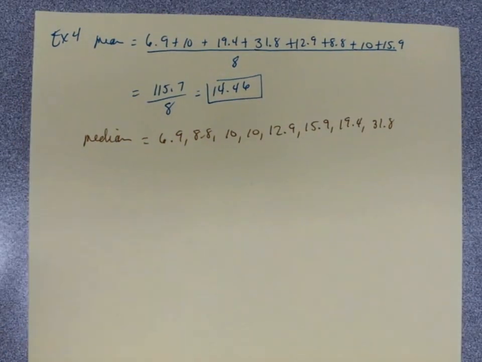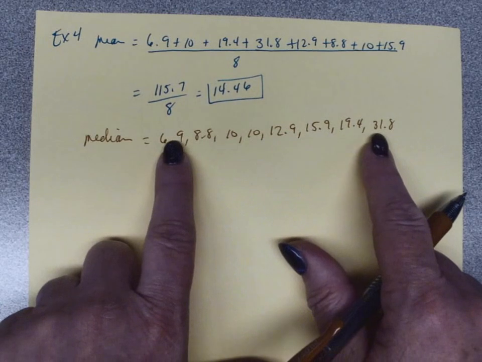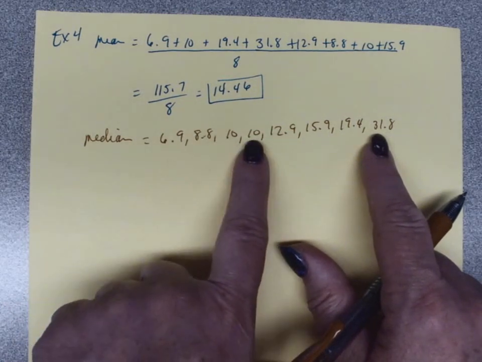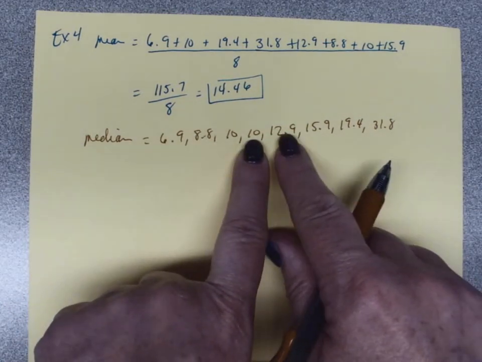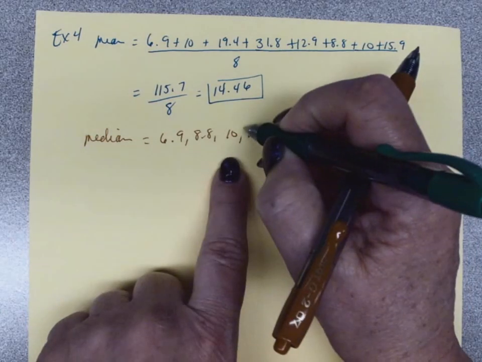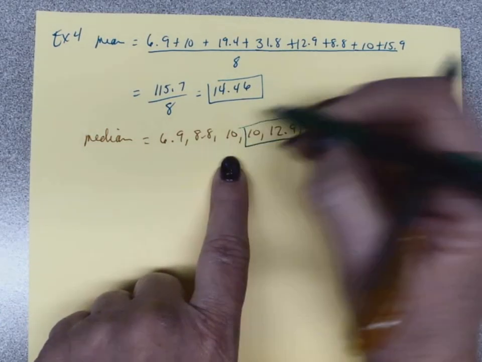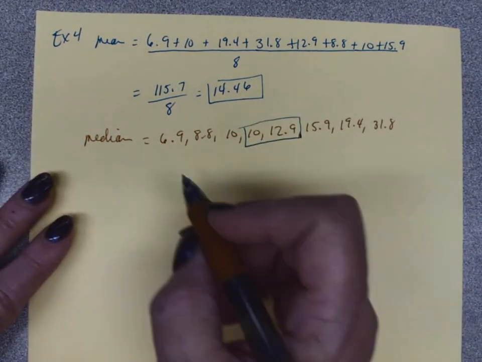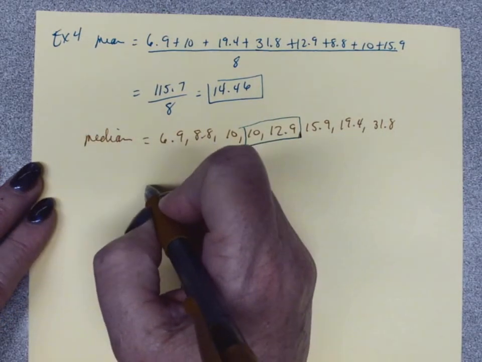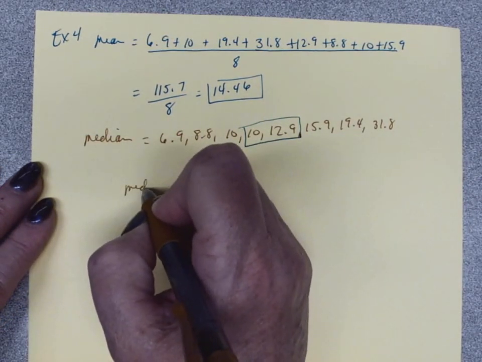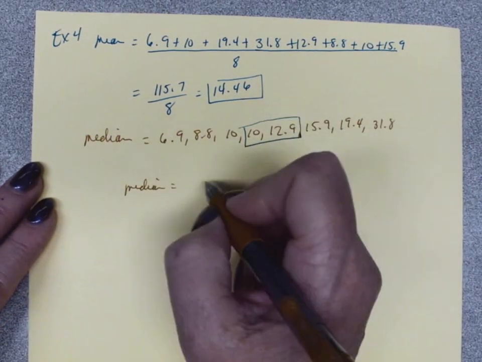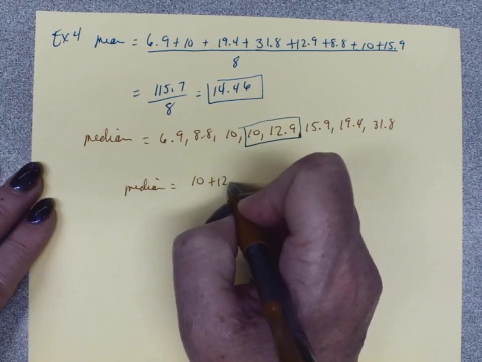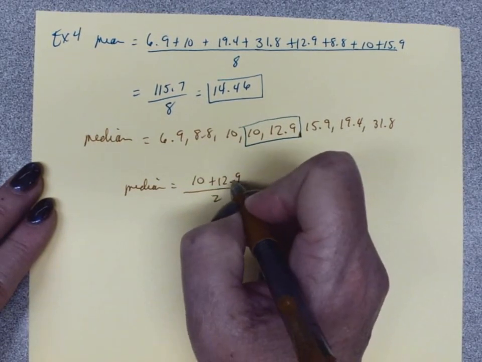So half of 8 is 4, so I'm most likely going to count in 4 from each side. So 1, 2, 3, 4. 1, 2, 3, 4. So my median is going to come from those two numbers. So we are going to find the median is equal to 10 plus 12.9 divided by 2.